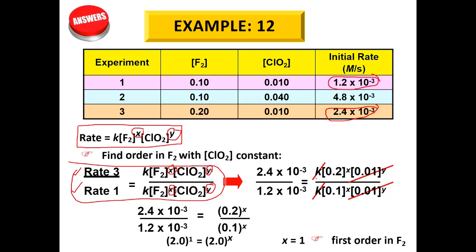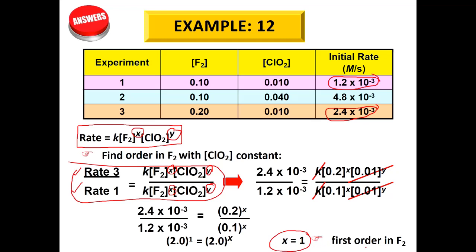You can cancel out your k here, and also the concentration of ClO2, 0.01, you can cancel out. This one also you can cancel out. Then you will get x. x is equal to 1.